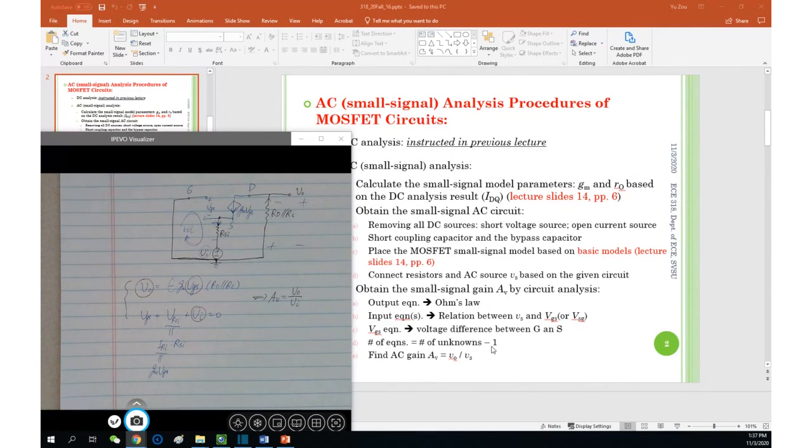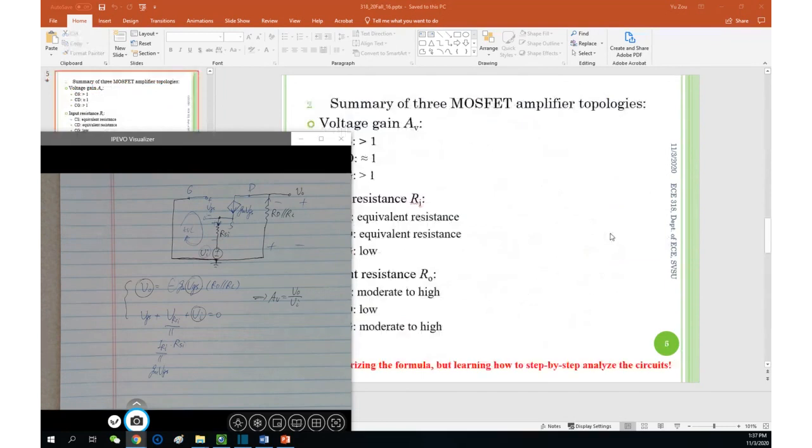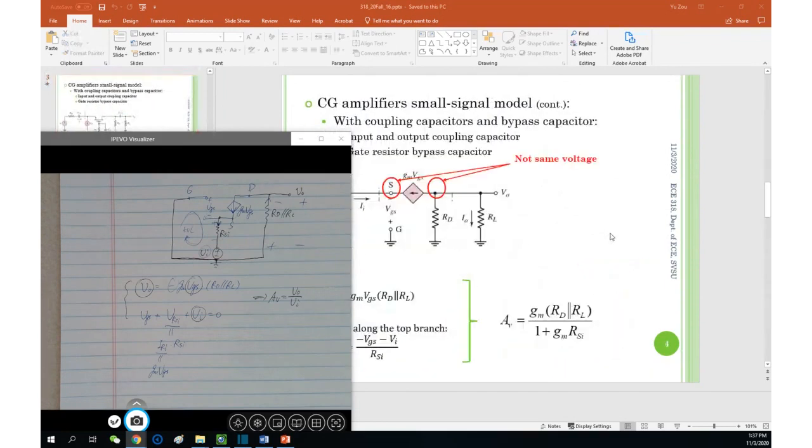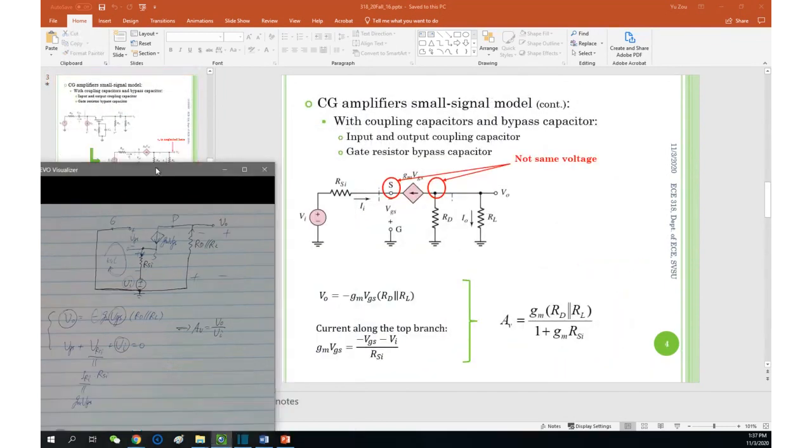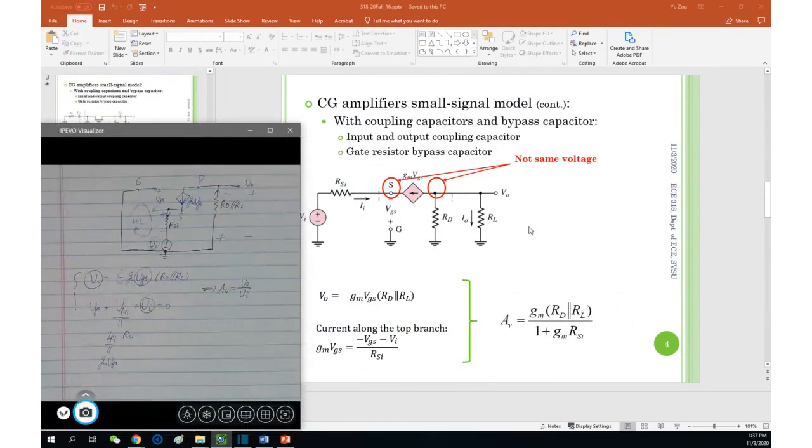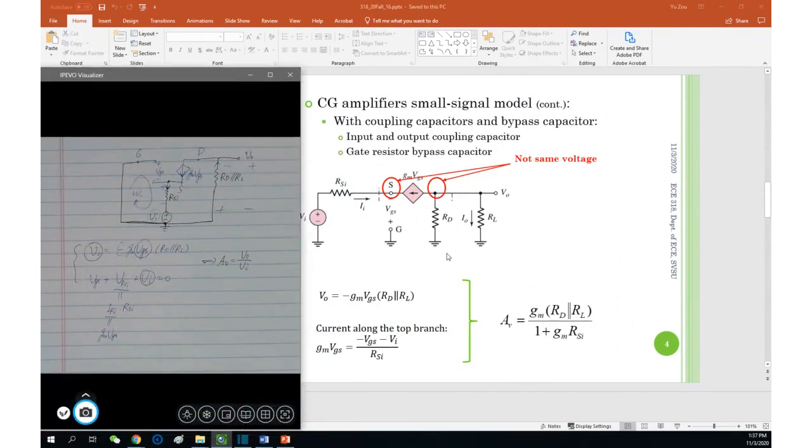Does everything make sense so far? Any questions? Of course, here the textbook provides the solution in such a way, which is okay. From this circuit, it's deriving 2 equations.